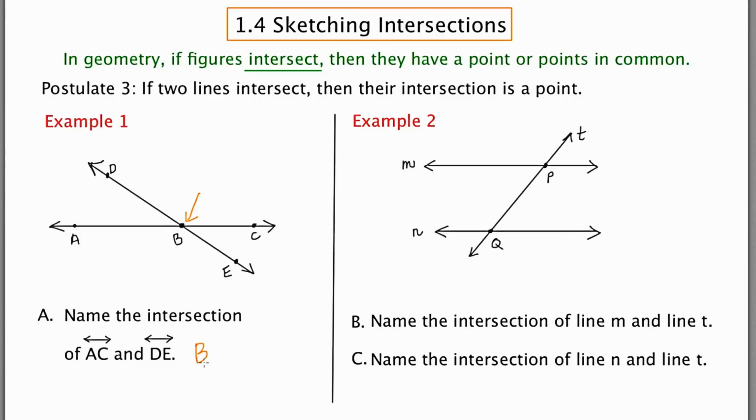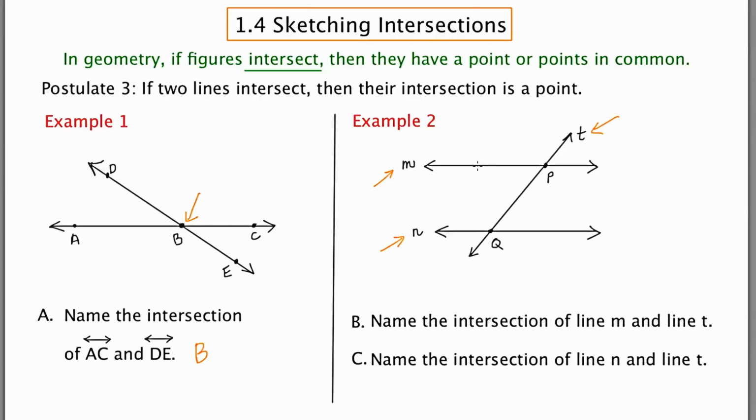As we go to example 2, the diagram is a little bit more complicated. We have three lines: line M, which is here, line N, which is there, and line T, which is up here. Letter B. Name the intersection of line M and line T. If we review the postulate real quick, if two lines intersect, then their intersection is a point.